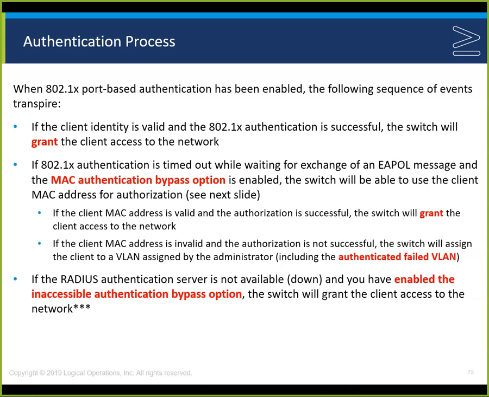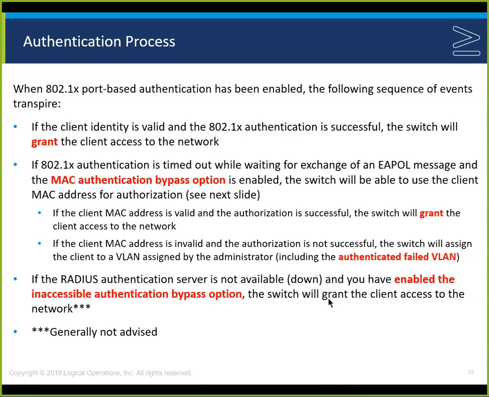So if authorization is successful, the switch will grant the client access to the network. The MAC address is valid. If the client MAC address is invalid, then it's not going to let us in. If we don't know our username and password, we're simply going to get timed out and shuffled off to an invalid authentication VLAN that we would have to use.